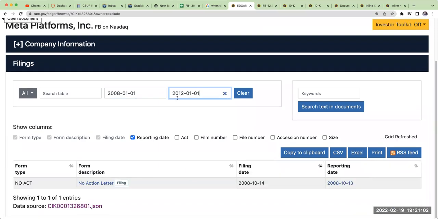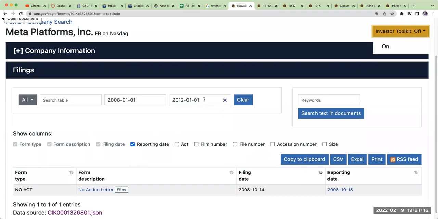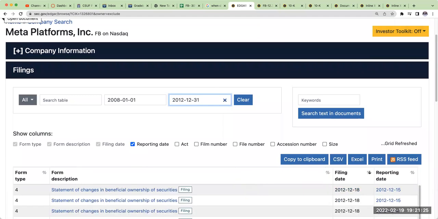So let's see what happens when I look at this for Meta Platforms. Okay, so for Meta Platforms, I see right over here, and I'm not getting anything. So let's just hold on a moment, and maybe what we can do over here is 1231. Let's see what happens if we do that.